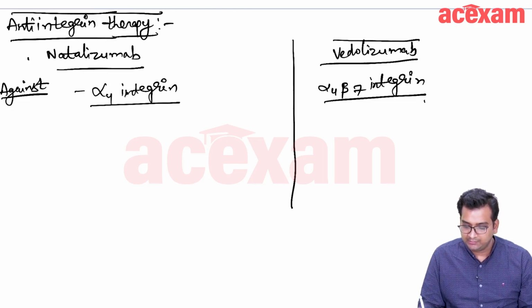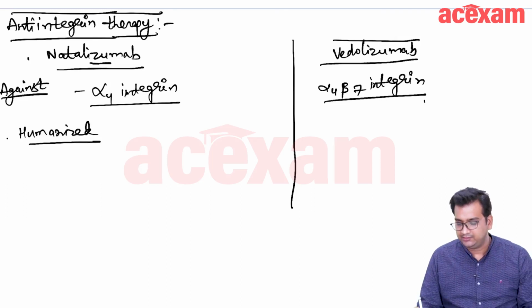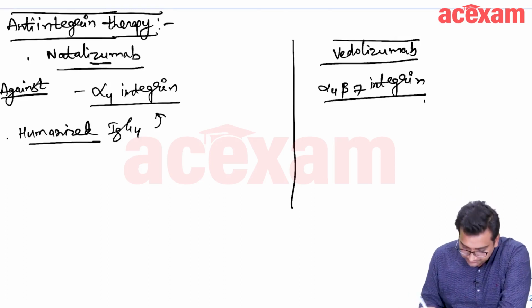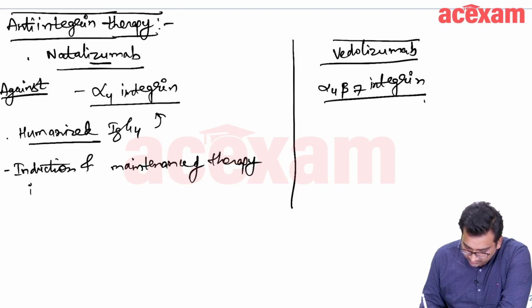Now this natalizumab, as the name suggests, ZU, it is recombinant humanized, okay, IgG4 or immunoglobulin antibody against alpha 4 integrin. Okay, now what is the role of natalizumab? It is used in induction and maintenance of therapy in Crohn's disease.